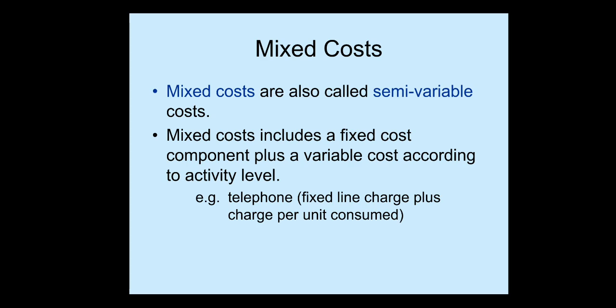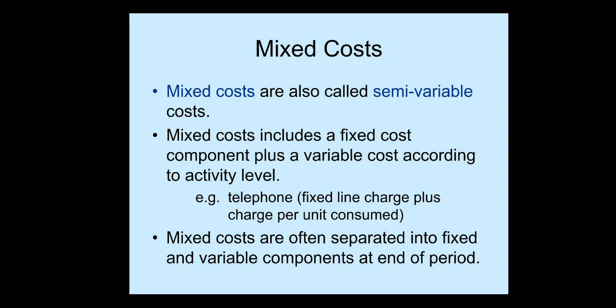And then after that, whenever I use electricity, I have to pay, I do not know, several ringgit for every 1,000 kilowatts or something. I don't know, but there is a fixed component and a variable component of the electricity cost. So that kind of cost in accounting, we call mixed cost. They have both the component of fixed cost and variable cost.